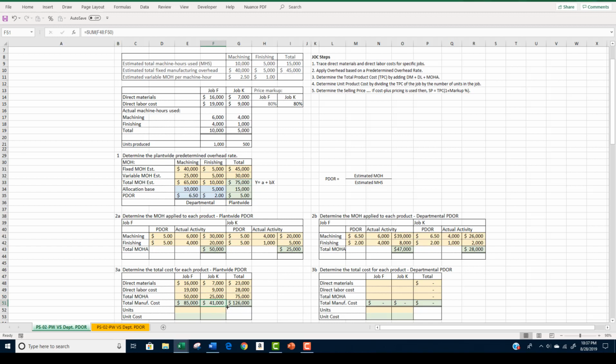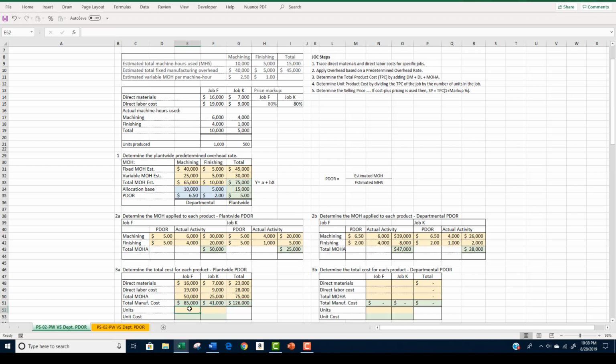Adding the three components up gives us a total product cost for job K of $41,000. If we add the amounts across, we get a total manufacturing cost for both products of $126,000.